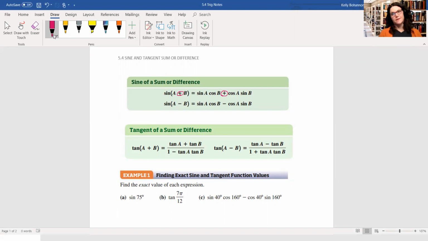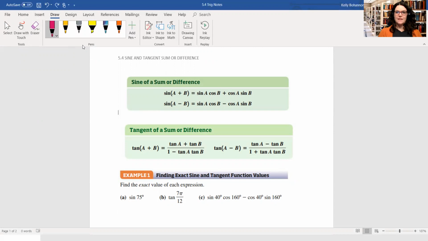So if it's a difference, it's a difference. And the other thing that is different about the sine identity is you will notice it is sine cosine, cosine sine. So sine A cosine B, cosine A sine B. So that's the way you can remember.